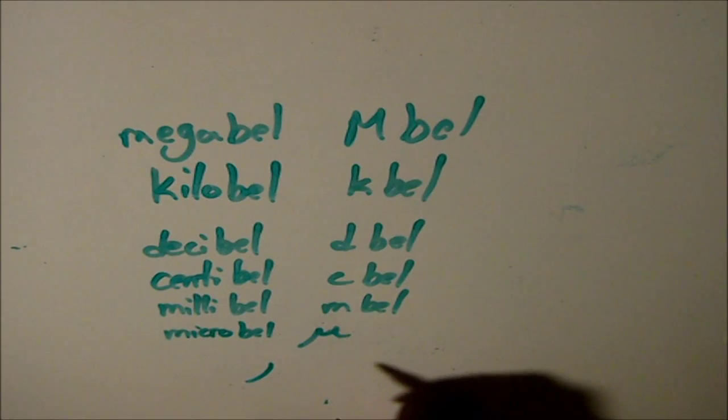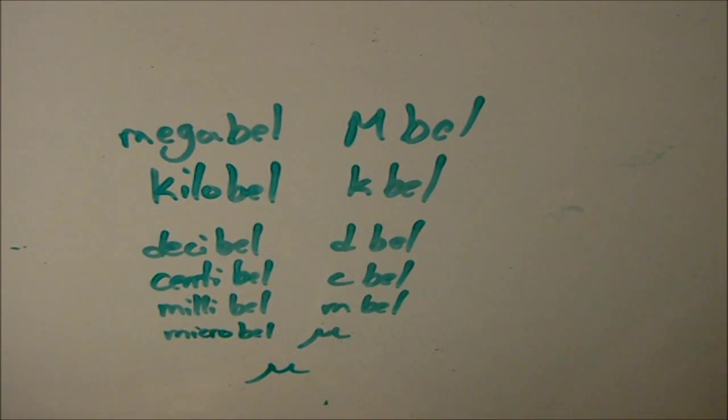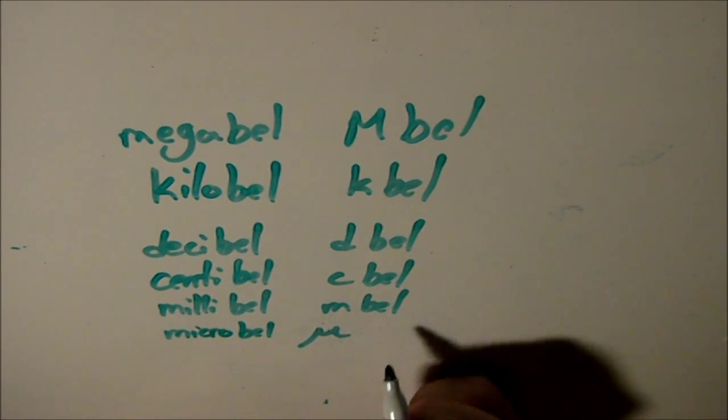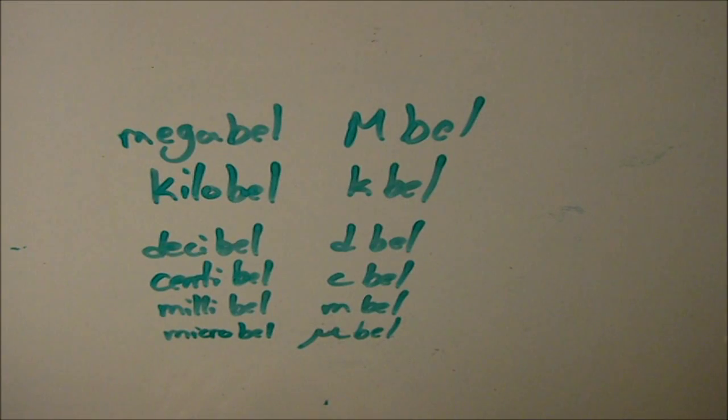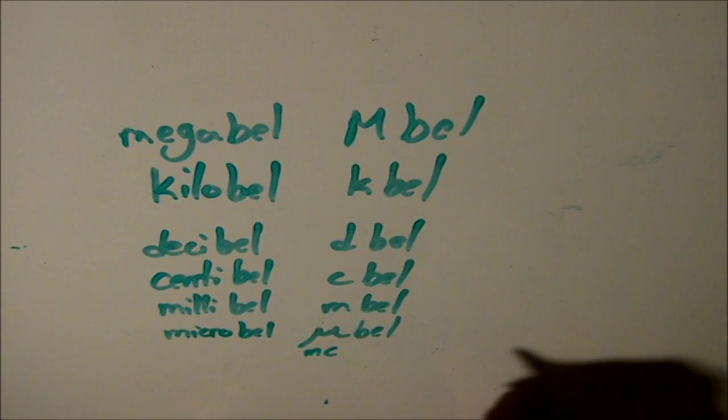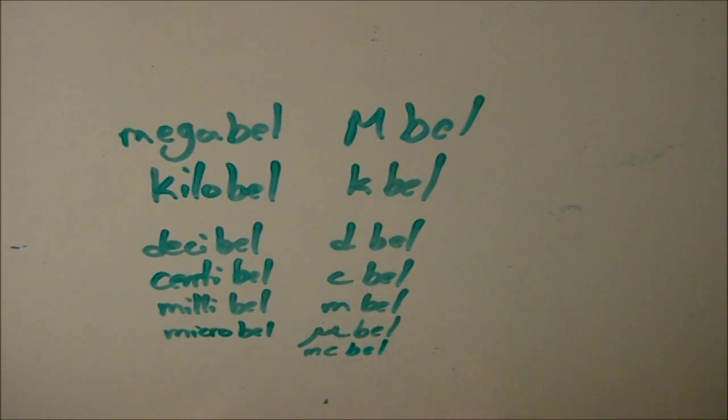You make a slash and then a U. And this is called mu. Okay, like this. Now, when we were using typewriters, this symbol was very difficult to make. Now with computers, it's not. So sometimes you'll see MC instead of the letter mu.